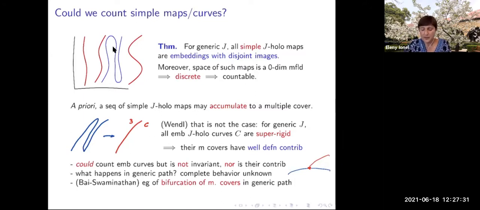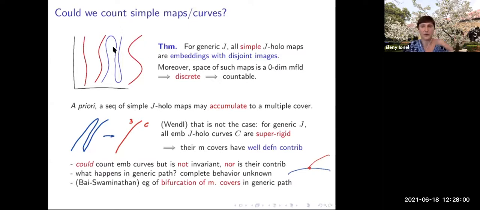But the complete bifurcation analysis is not done yet, so what else can you do? In principle, one should be able to count embedded curves with weights. We shouldn't just sum them up, but we should count them with weights, so that in a one-parameter family the number of curves changes, but also the weights change, and altogether you get an invariant. That's the idea.